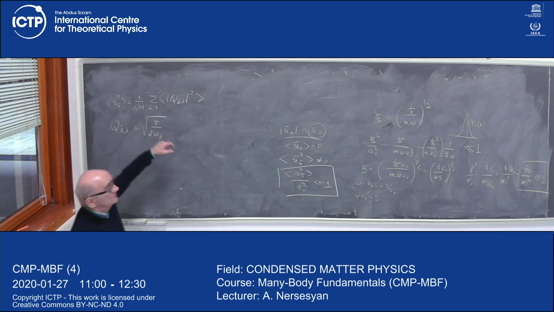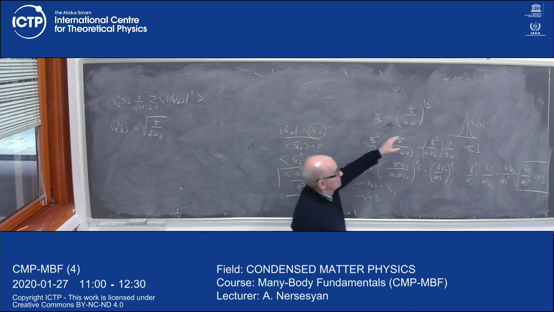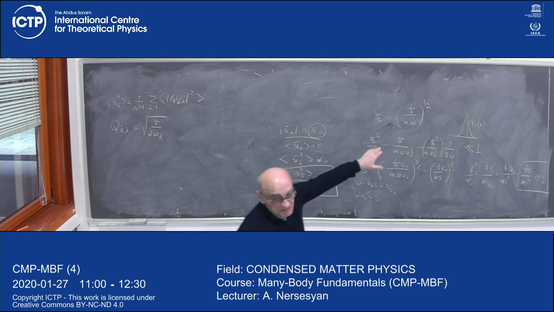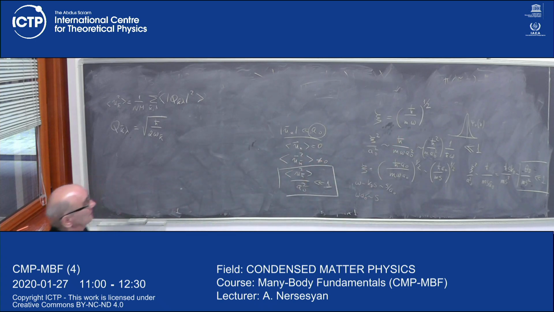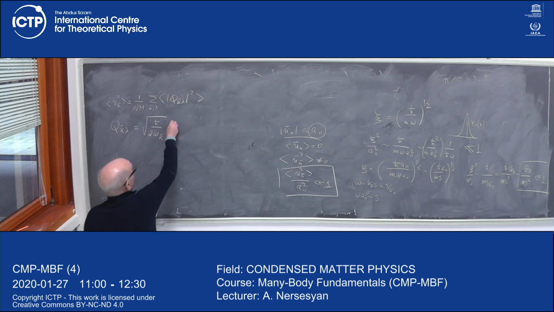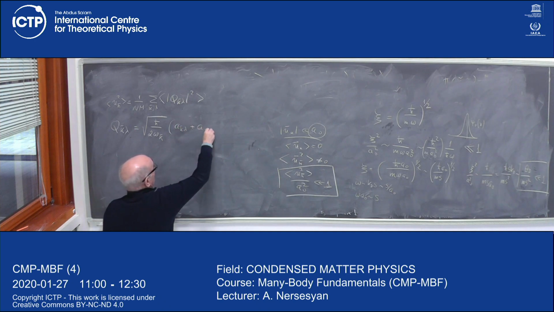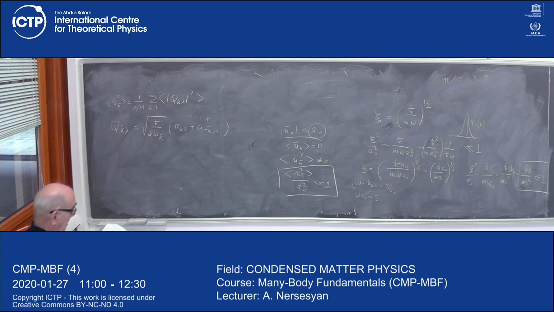It would also have this mass, and therefore this prefactor would be similar to the characteristic quantum length, and what we write down here is a_k lambda plus a_minus k lambda dagger. And that's actually all we have.